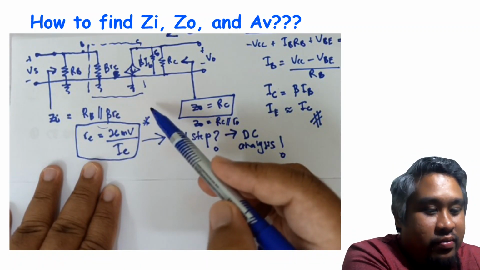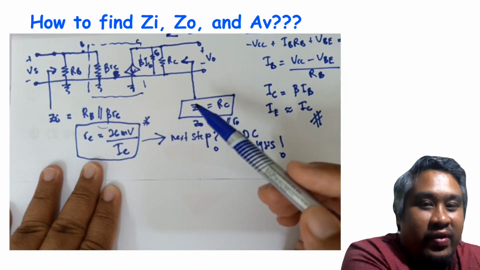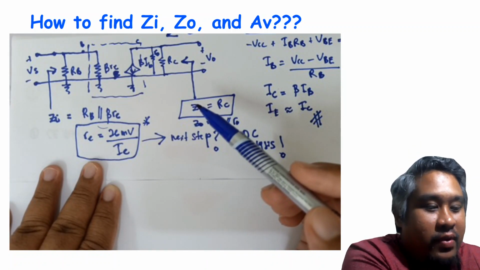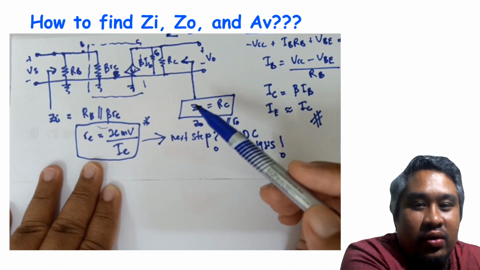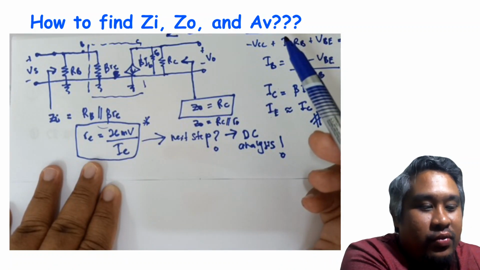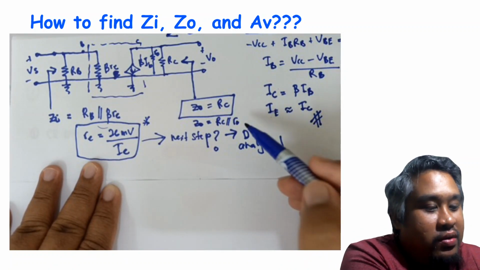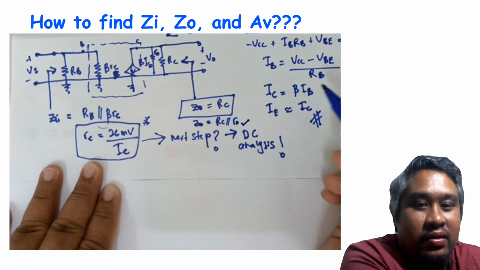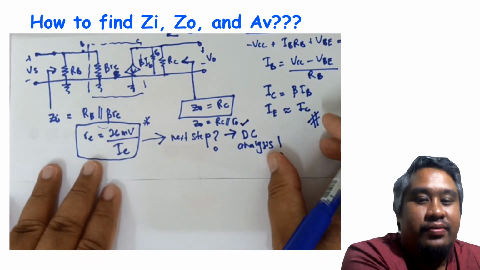If the question from the test or final exam asks you to consider R out, you can use this formula. Okay, settle.